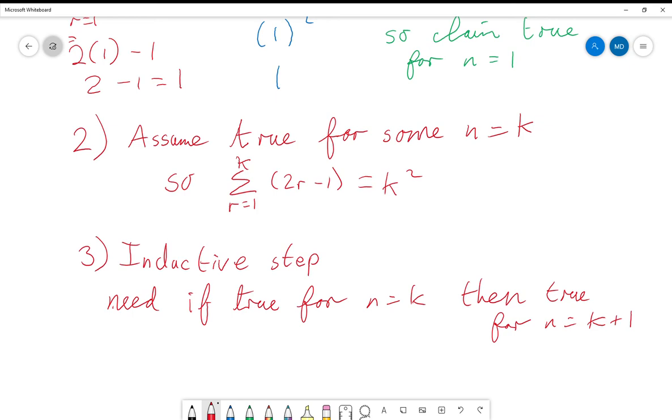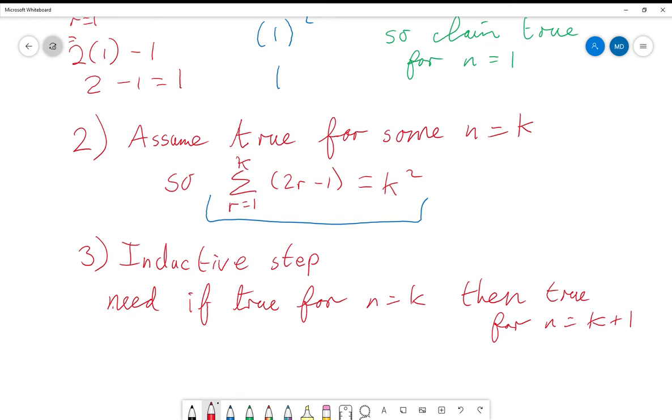And using our assumption, this is actually not too bad because we already have the information that it's true for n equals k. But the key thing is, when we're doing this, we're going to use that information. We're going to use the information given here in the proof. And we're going to have to do that because otherwise we aren't proving that the next one is true from the previous one.